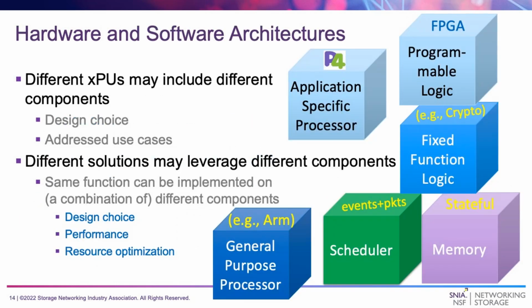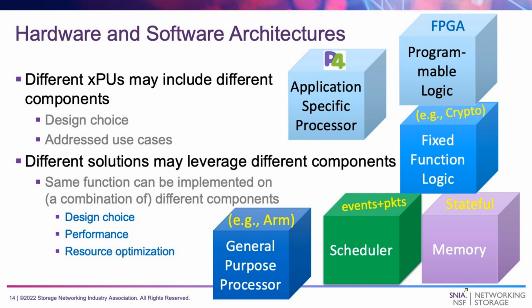So now, given the various functionalities that we can offload, how do we do that? First of all, we have to consider that various xPUs will include different components. And in the previous webcast, we already touched upon the various hardware components of an xPU.